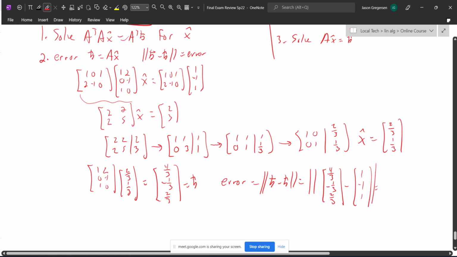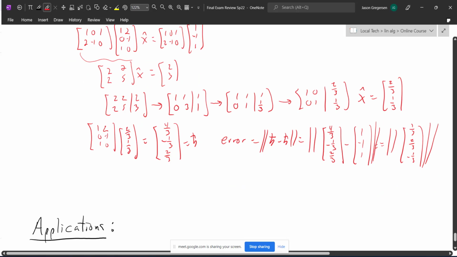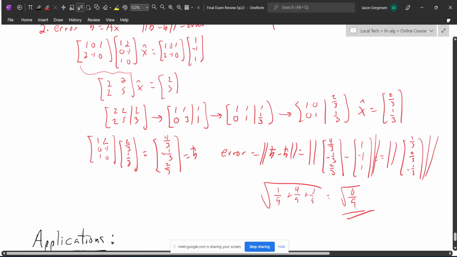And I'll take the length. So this is the length of the vector 1/3, 2/3, negative 1/3. And when I calculate that length, I'll get the square root of 1/9, 4/9, and 1/9. I'll get the square root of 6/9. And that would be the error in my least squares solution.